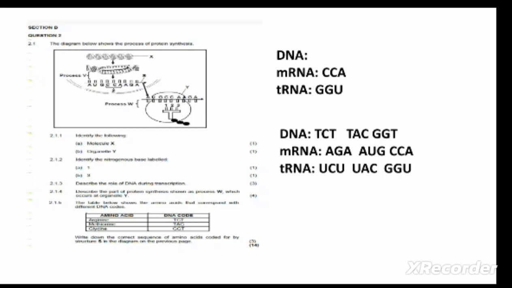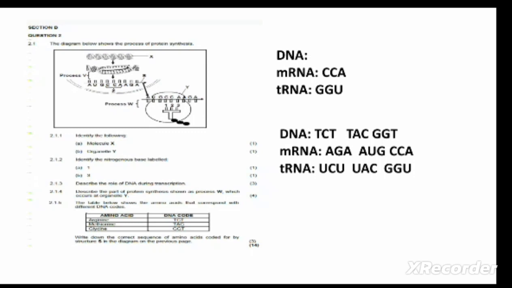TCA matches with which base triplet on the mRNA? It matches with AGA. Let's look at AGA. It's the last one there, so arginine is going to be the last one.